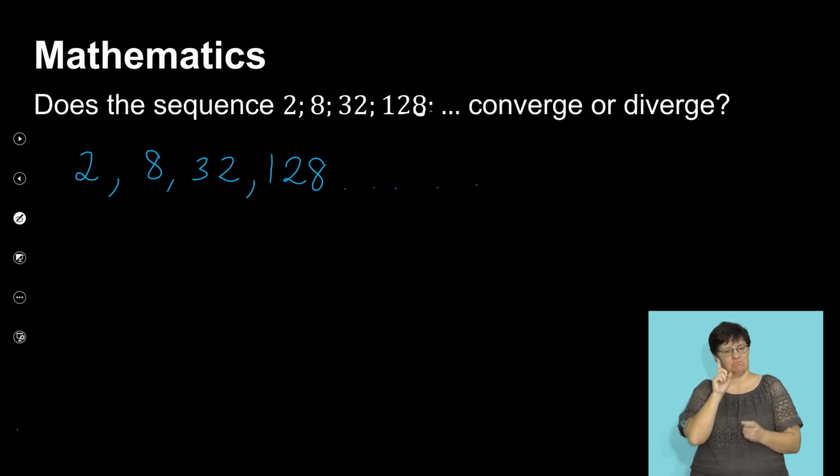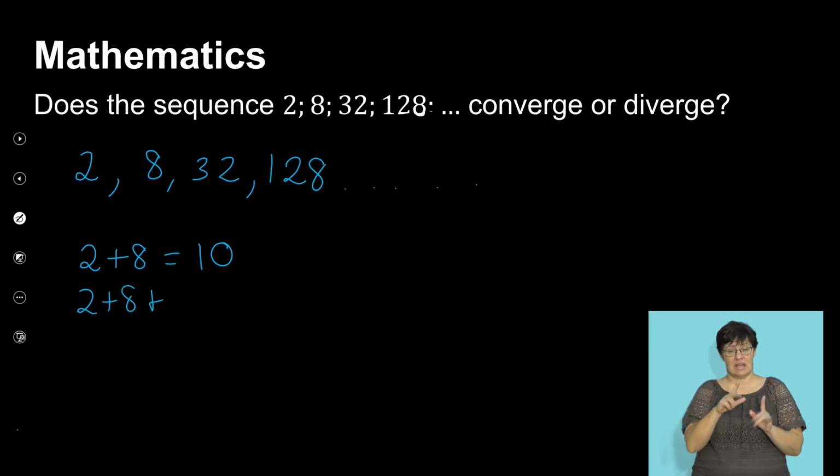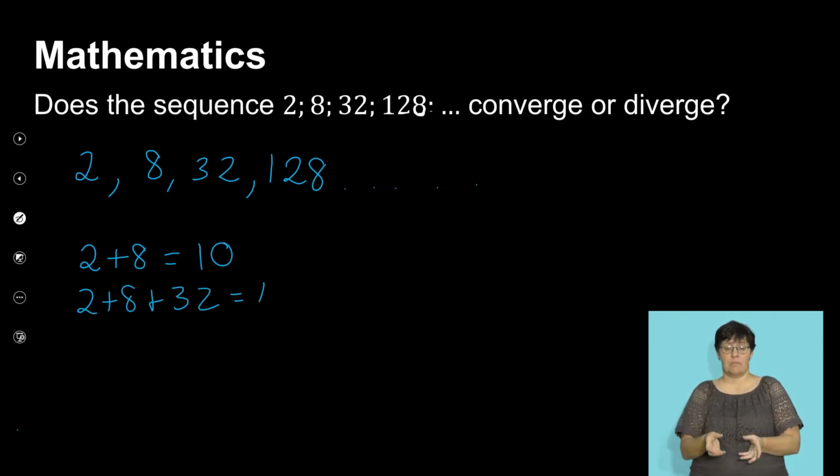So we're now going to look at the property of a convergent series getting closer and closer to a specific number. If I add the first two terms together, I'm going to get 10. If I add the first three terms together, I'm going to get 42.